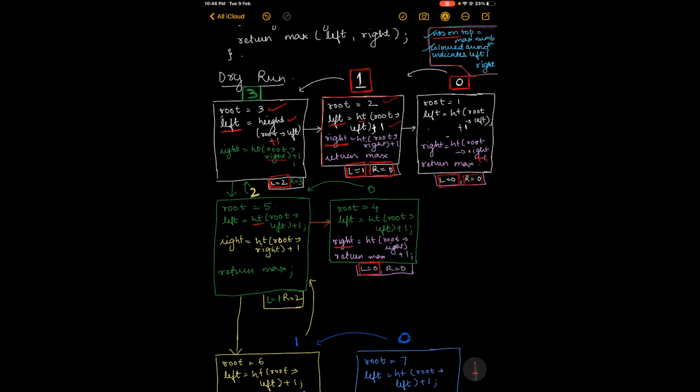Next we'll resume the code, that is right is equal to height root right plus 1. Again no children on right, so minus 1 plus 1 equals 0. So this is also justified. Right is equal to 0, and once both left and right are calculated, we'll return the maximum. So maximum of 0 comma 0 is 0, and that's what I've written on top of this block.